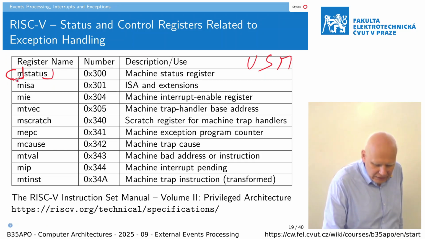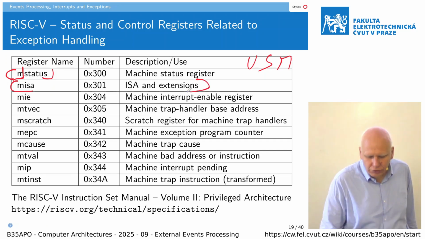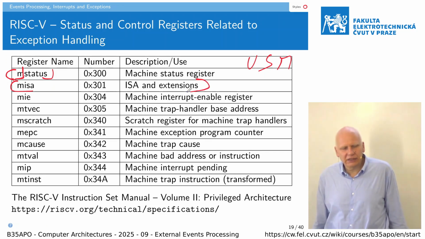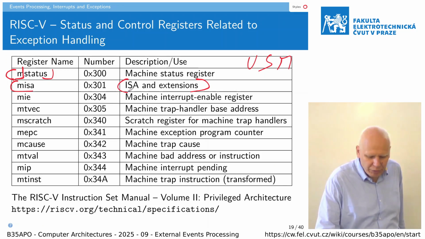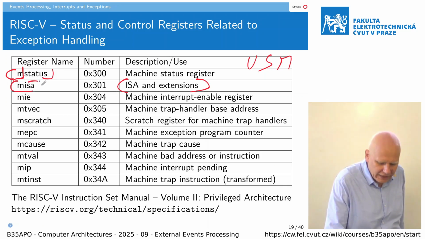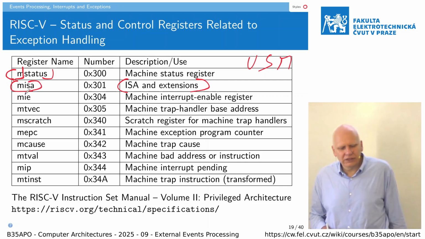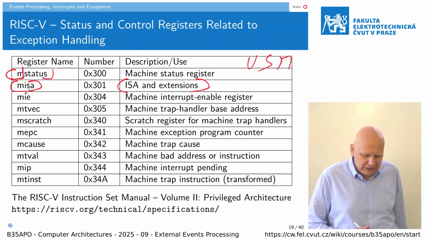Then there is a register which informs which actual instruction set architecture and extensions are supported by a given chip. So basically you can read directly from this register what kind of processor it is, same as the CPUID instruction on x86.